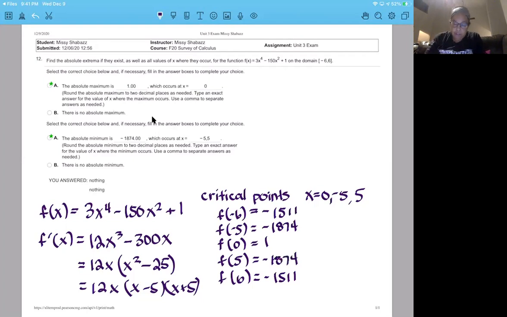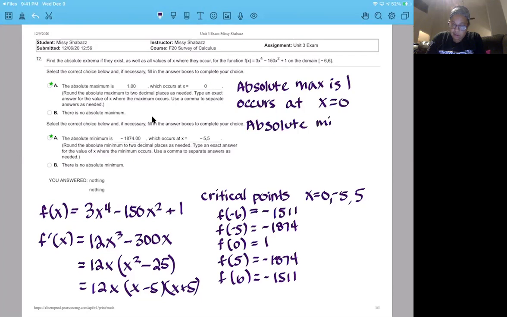All right, so my absolute max is 1. It occurs at x equals 0. My absolute min is negative 1,874. It occurs at x equals -5 and 5. All right, and that is it on that one.